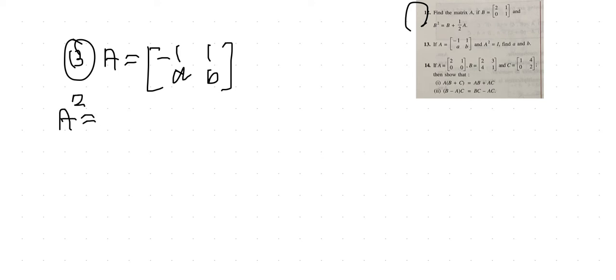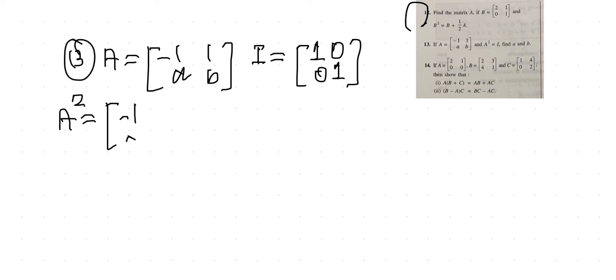Before that I'll be writing what is the value of I. I is the identity matrix whose form is 1, 0, 0 and 1. Okay, so A squared will be given by minus 1 A, 1 B, and this is being multiplied by minus 1 A, 1 and B.